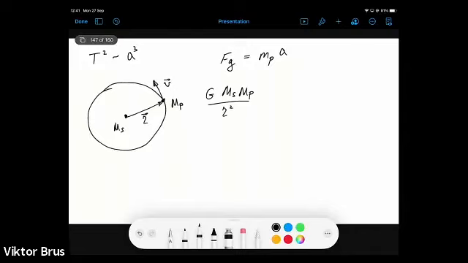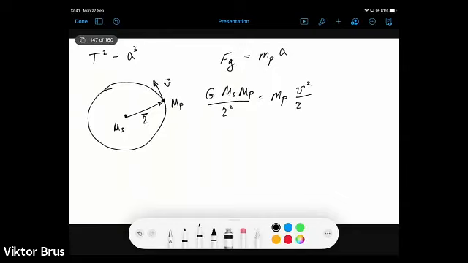And in the right side of this equation, we have the mass of the planet, and the centripetal acceleration, in terms of linear velocity, can be given as v squared divided by r.